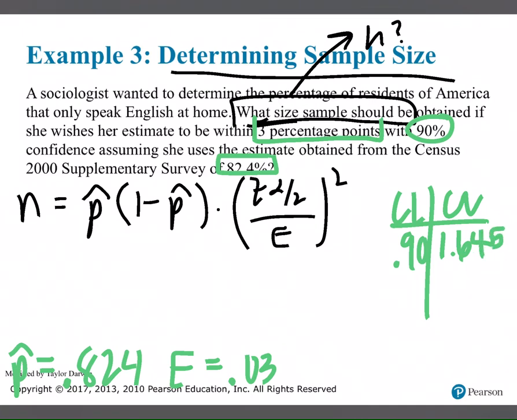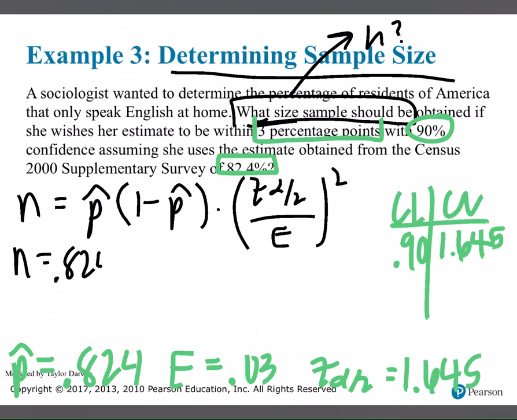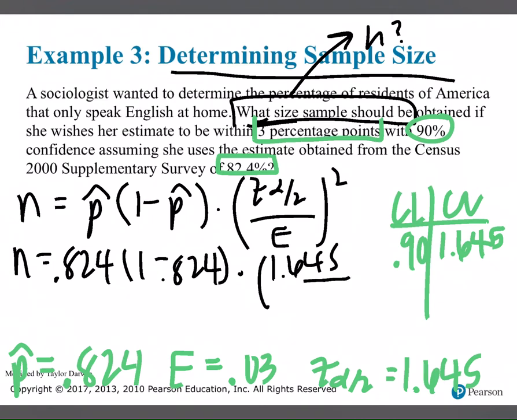And so we're going to plug that in. Z of alpha divided by 2 is 1.645. And now we've got everything we need to plug into this formula. So n is equal to 0.824 times 1 minus 0.824 times z of alpha divided by 2, that was 1.645, divided by e, 0.03, squared.